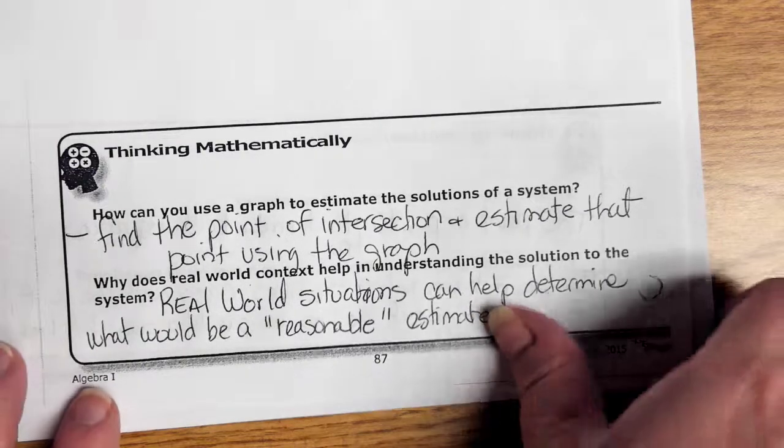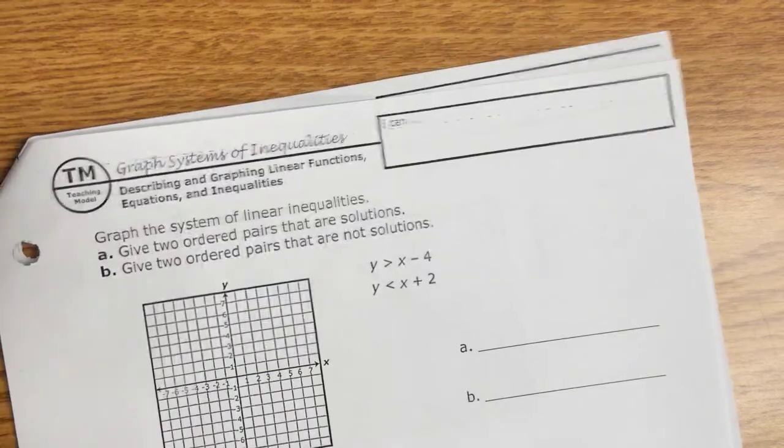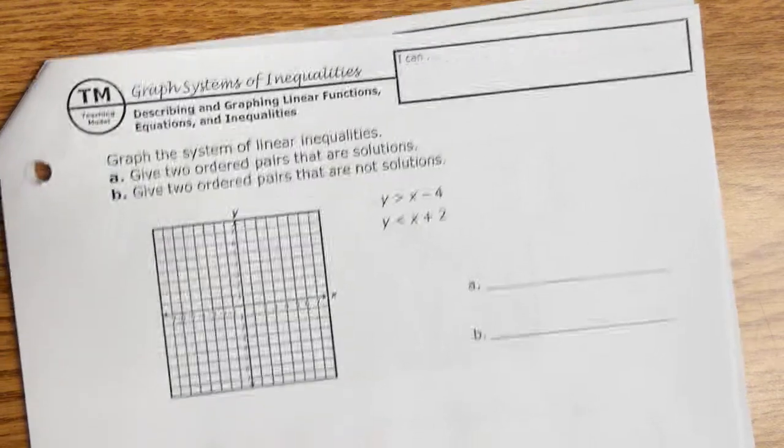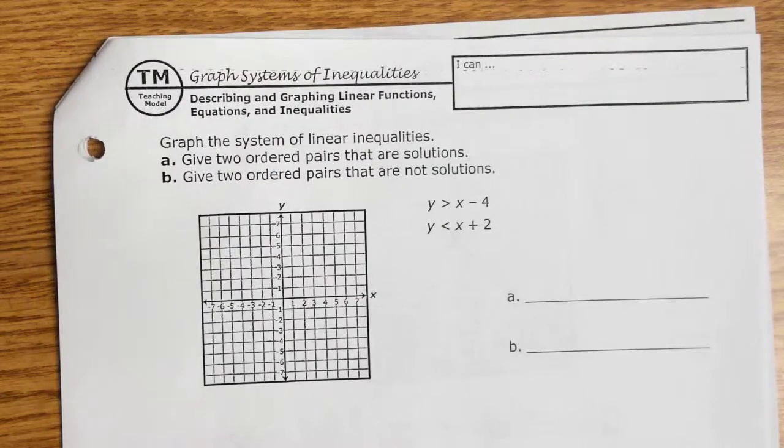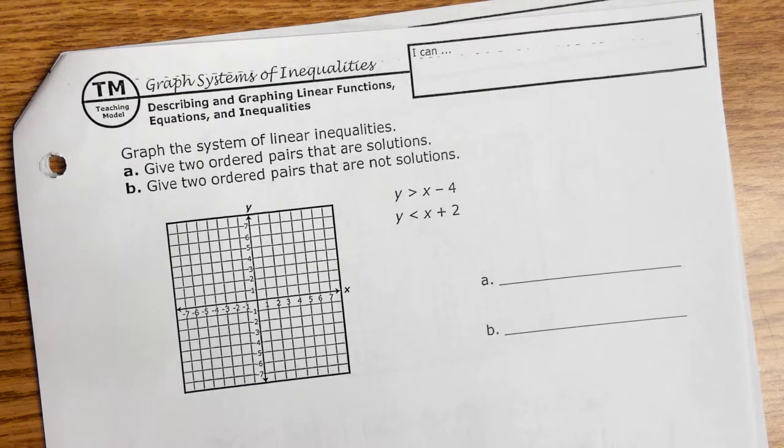Okay. All right, let's flip the page. Graphing systems of inequalities. My favorite. Graph the system of linear inequalities. Okay, so the first thing we need to do is graph these.